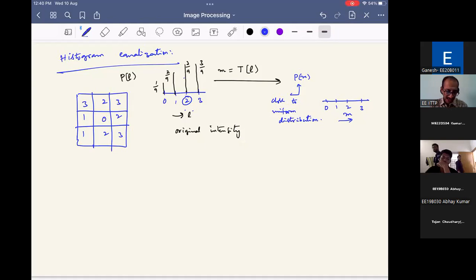So essentially, just to give you an idea before I discuss, say the class distribution is like this.